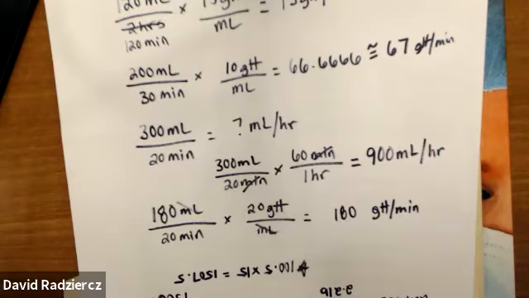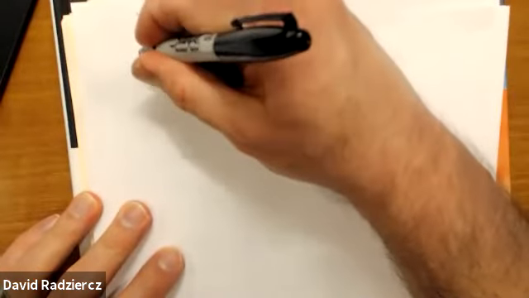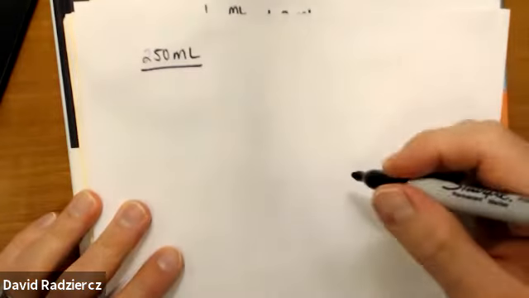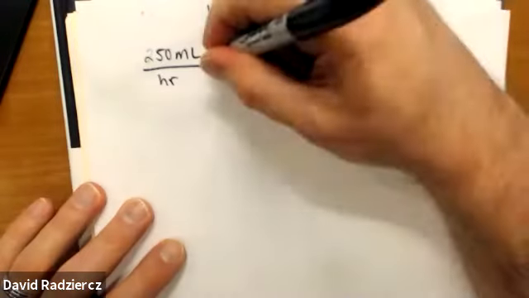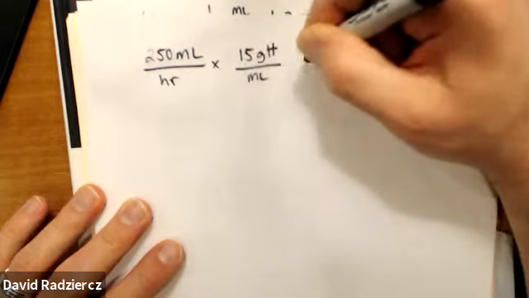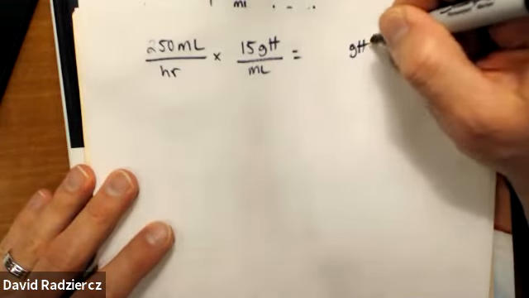All right. So what about if it was milliliters per hour? Let's say 250 milliliters per hour. We'll just say in an hour. We have a drop factor of 15. And the question is, what would you program into the infusion pump in drops per minute?